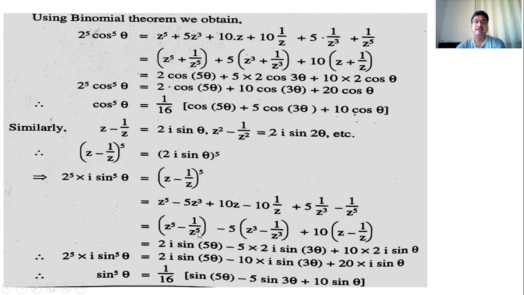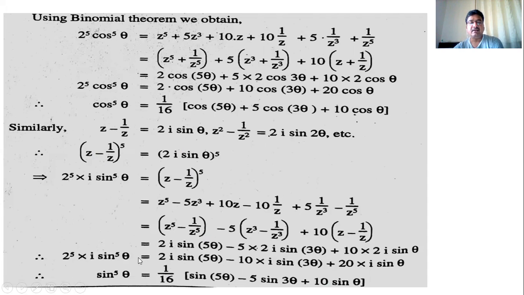Then collect the terms in brackets: first and last in one bracket, then second and second last, taking minus 5 as common, so Z cube minus 1 by Z cube, and then take 10 as a common factor, so Z minus 1 by Z. Then substitute Z raised to 5 minus 1 by Z raised to 5 is 2i sin 5 theta, similarly this is 2i sin 3 theta, and this is 2i sin theta.